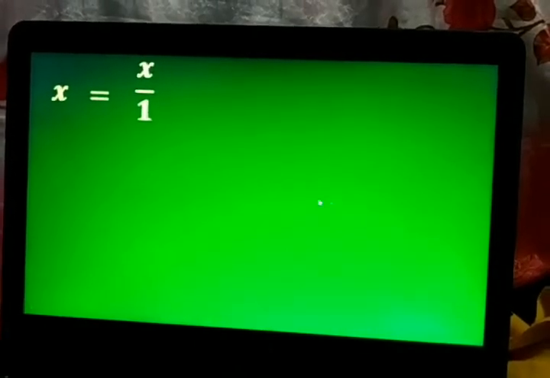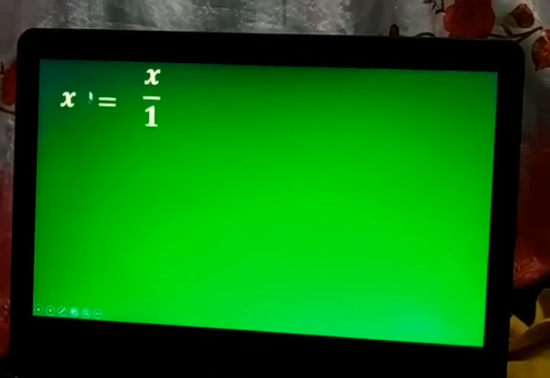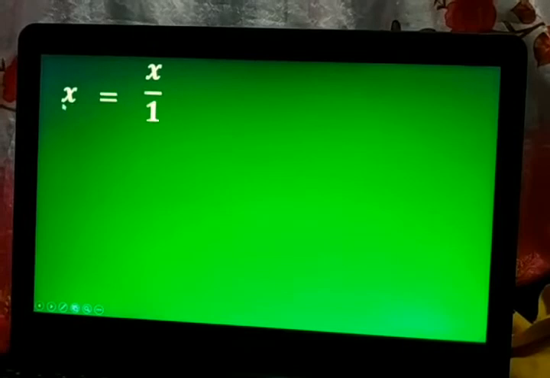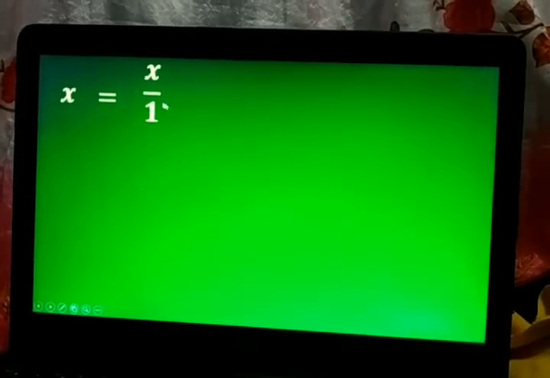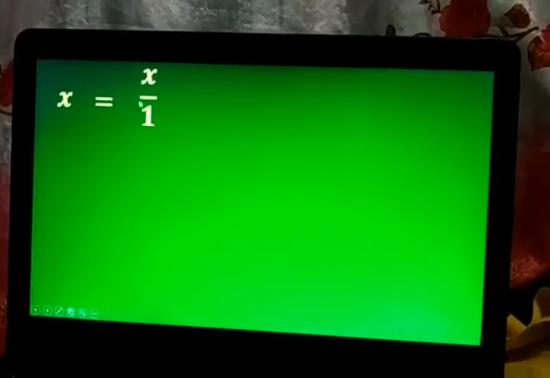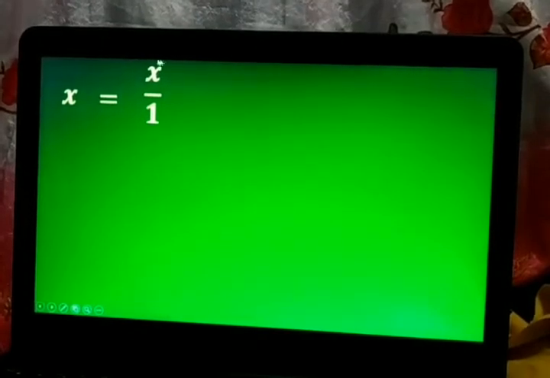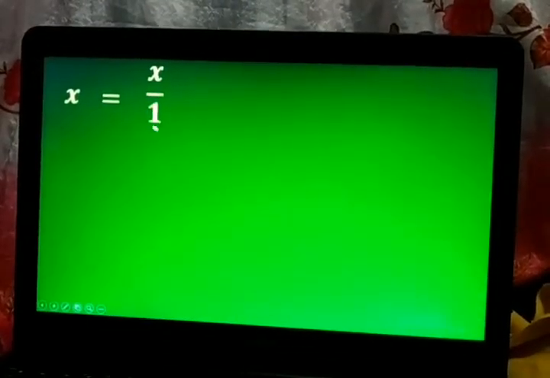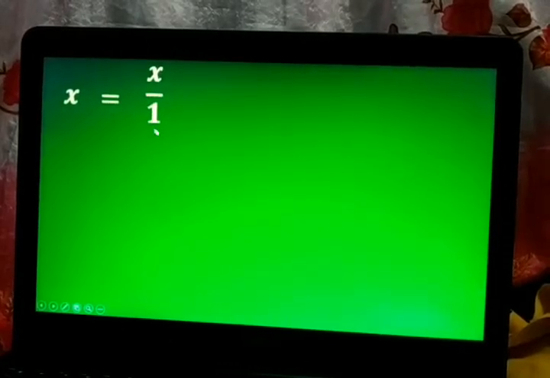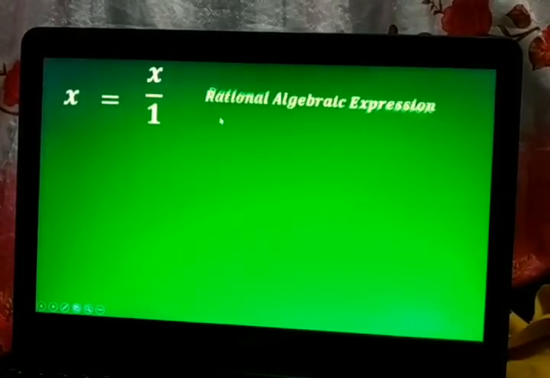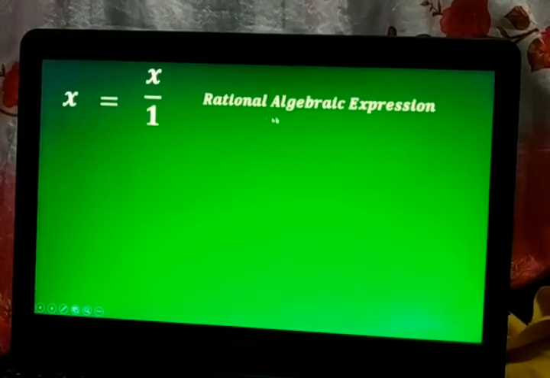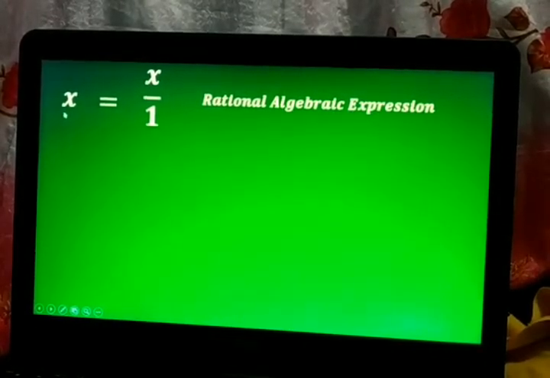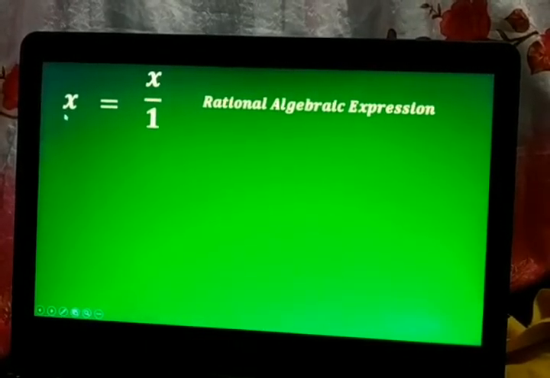Automatically, if you have x or any number or any variable without a denominator, it has an automatic denominator of 1. So x is equal to x over 1. It is already in a ratio form. Now, let's focus on the 1. Is this equal to 0? No. Therefore, this is a rational algebraic expression. X is a rational algebraic expression.